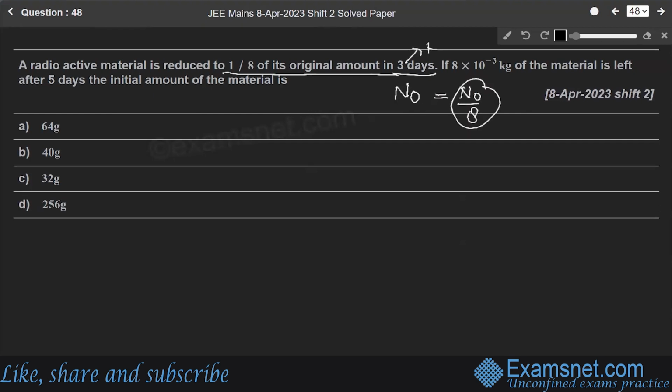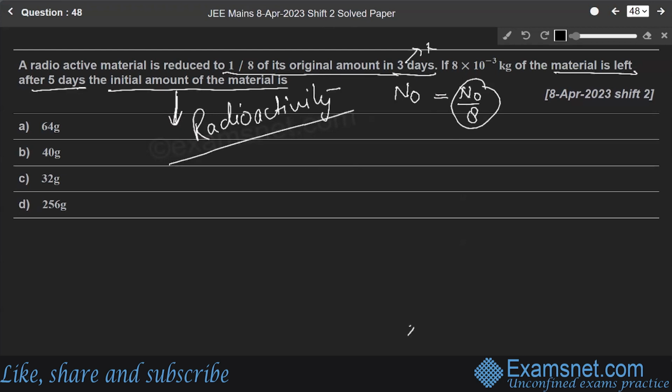If 8 into 10 to the power minus 3 kg of the material is left after 5 days, the initial amount of the material is. This question is basically from the chapter radioactivity. Students, this question is very important as it has been asked in previous years also.